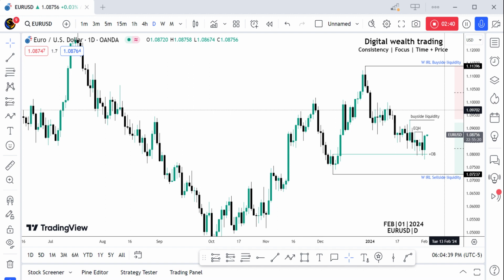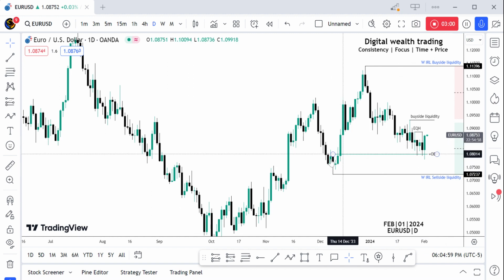And I am very pleased to see Euro price lower, sweeping the previous day low, sell side liquidity, and the relative equals to engineer for higher prices on Euro, and also tapping on the daily ICT bullish order block.